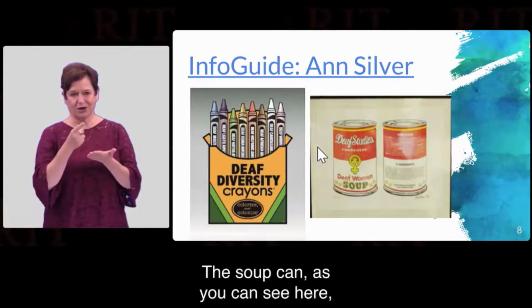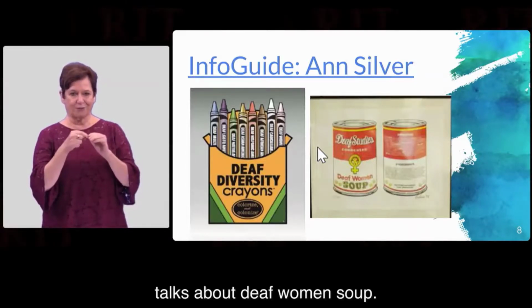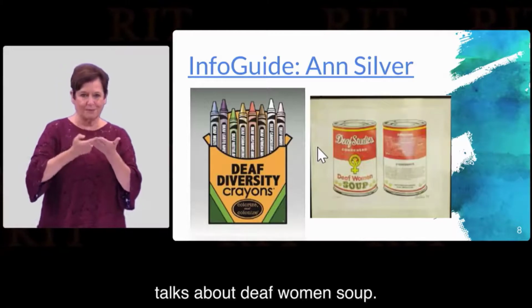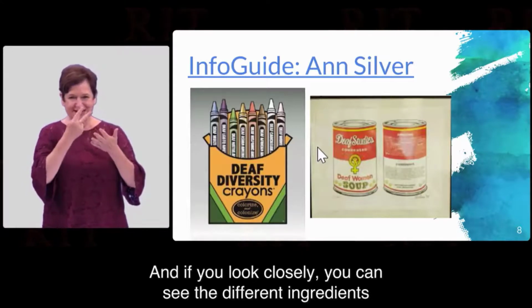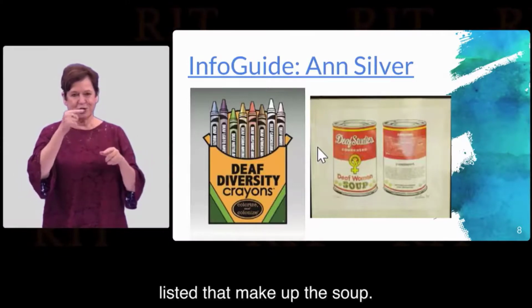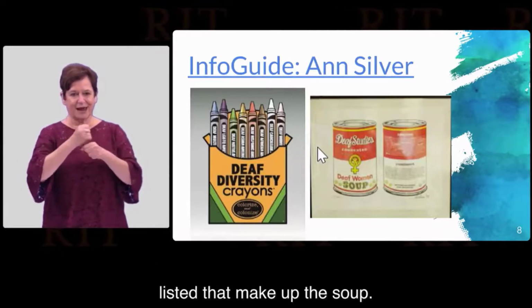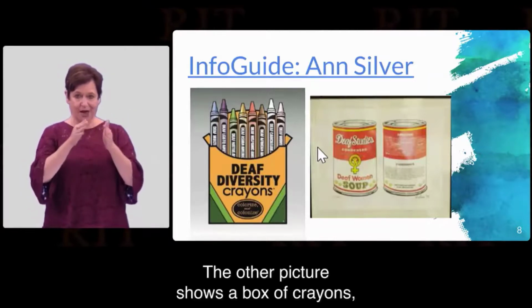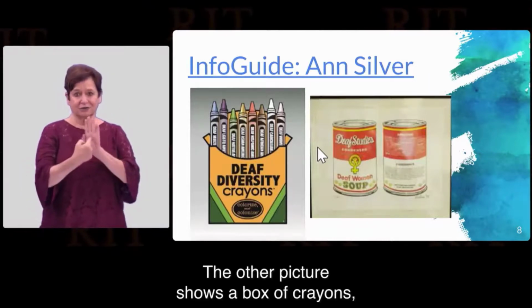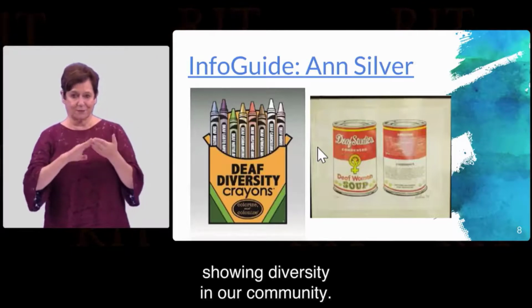The soup can, as you can see here, talks about deaf women's soup. And if you look closely, you can see the different ingredients listed that make up the soup. The other picture shows a box of crayons, showing diversity in our community.